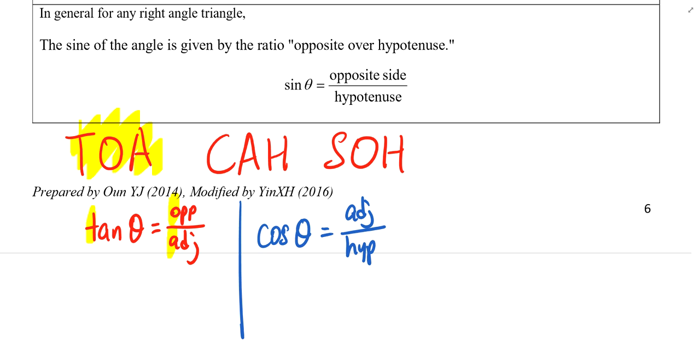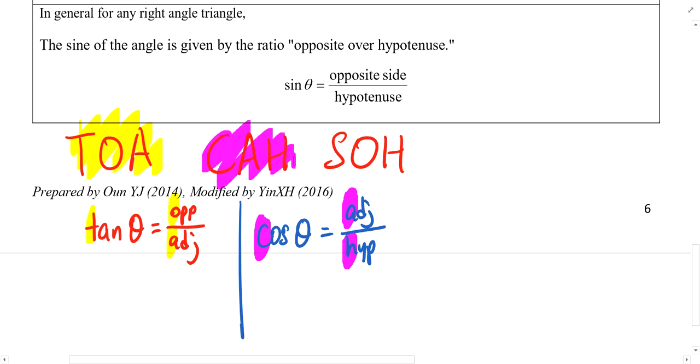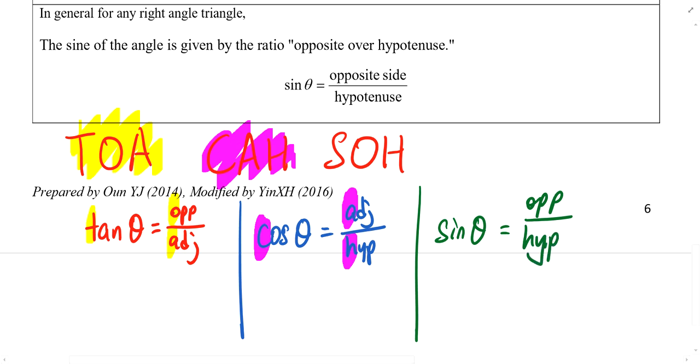So the letters over here, CAH. And the final one, sine theta equals opposite over hypotenuse, SOH. So can I memorize already?